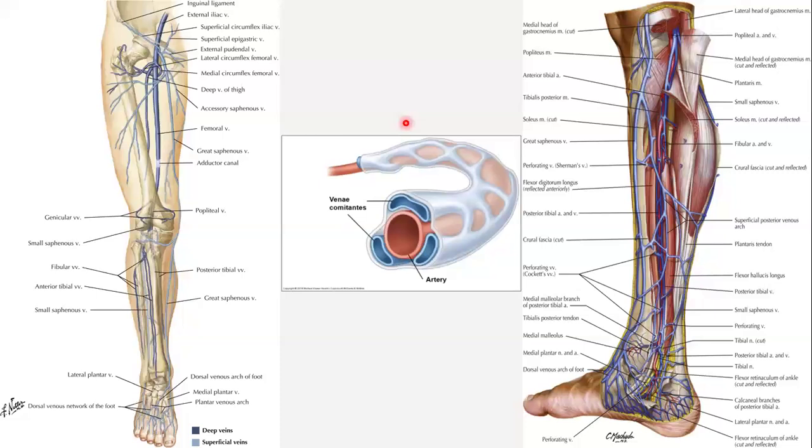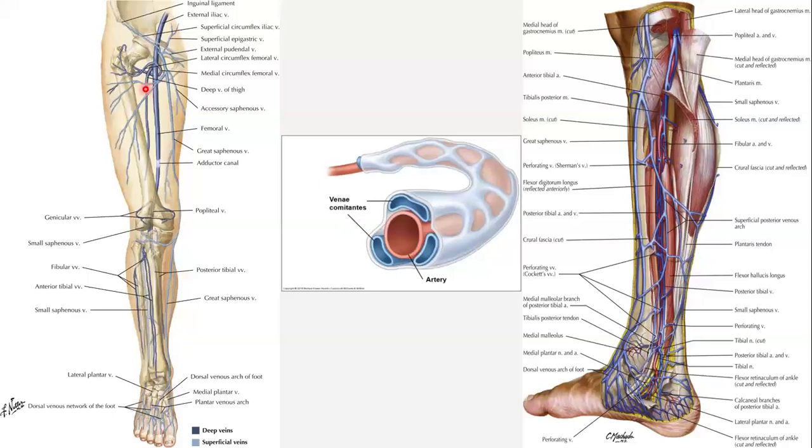So if you have a femoral artery, then we have a femoral vein. If you have a common femoral artery, then you have a common femoral vein. If you have a profunda femoris artery, then you have a profunda femoris vein. So basically, the deep veins follow arteries and they have the same names.